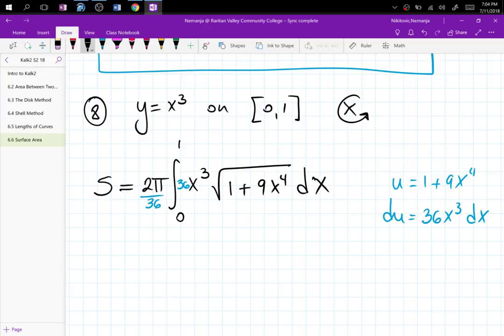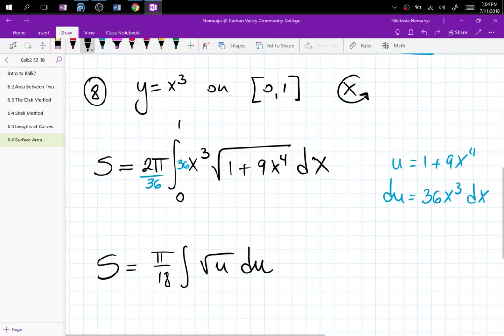So S equals pi over 18 integral. I have to change the limits, guys, because we are switching the integral to the u domain, and that calls for u limits. So 36x cubed dx is du, so I have the square root of u du.